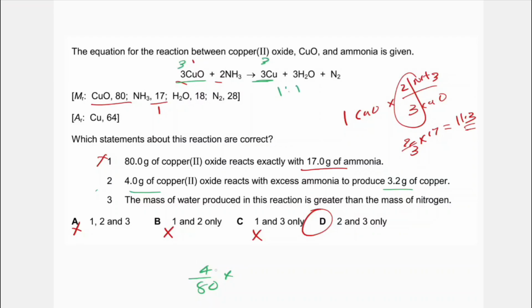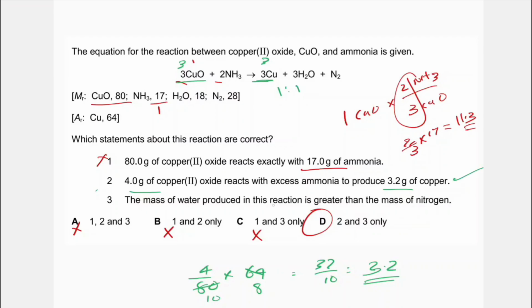That means the number of moles is going to be the same. So all that you have to do is multiply with the mass of copper, which is 64, and that is 32 over 10, which is 3.2 grams, and which is correct.